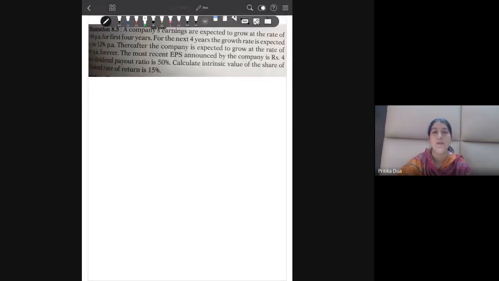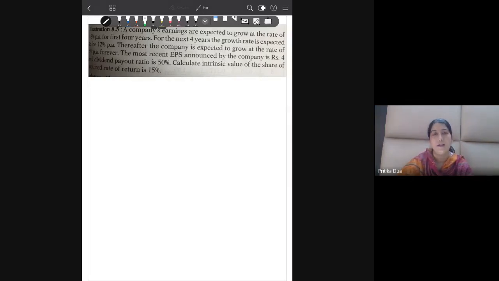First was when you knew that the holding period was definite and the holding period of share was 1 year. Second was when there were multiple holding periods for the equity share. Next case came in of the scenario where there is an infinite holding period.